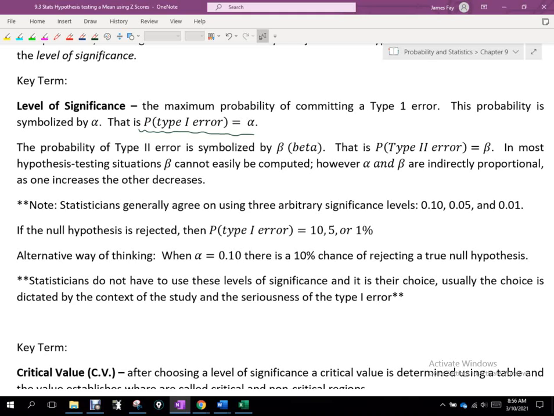They'll say, now that I've given you the p-value, you make the decision on the alpha that you want, and then decide about rejecting or not rejecting per that alpha. That's generally a practice because you can reject at one level but not reject at another level. That's why statisticians do that.